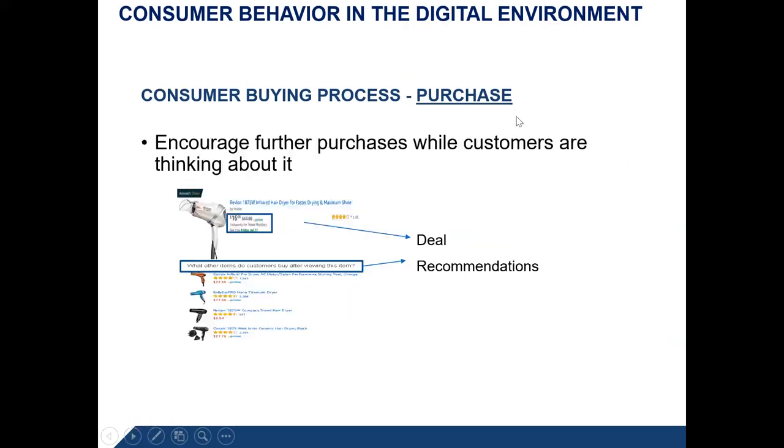Okay. You also have to think that you want to encourage further purchases when the consumers are thinking about purchasing an item. So, for example, here you have a hair dryer, and which is on deal. So as a consumer, I could either be searching for a hair dryer, which is on deal, but I might also be tempted by the other products that are recommended by the website.